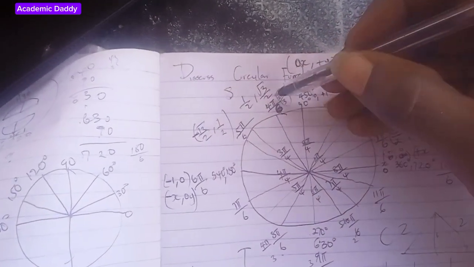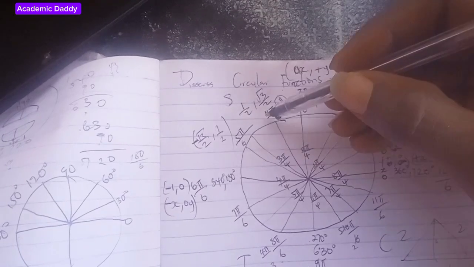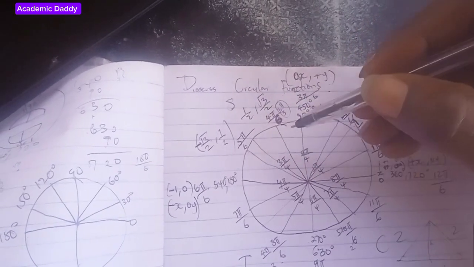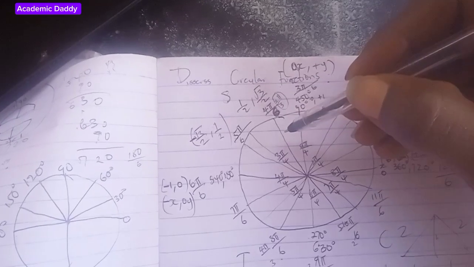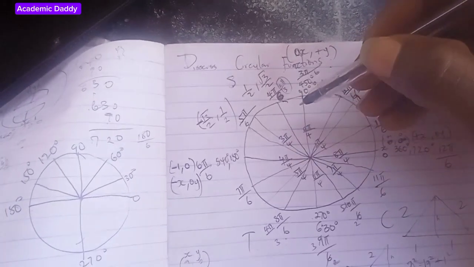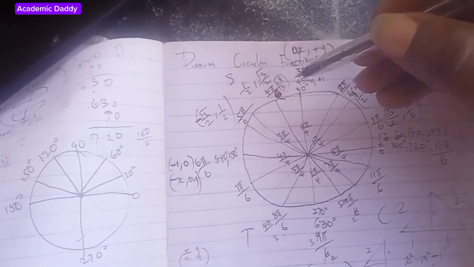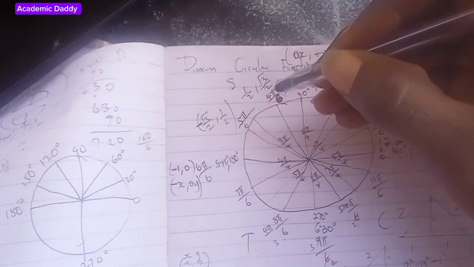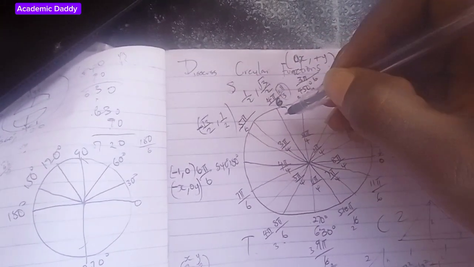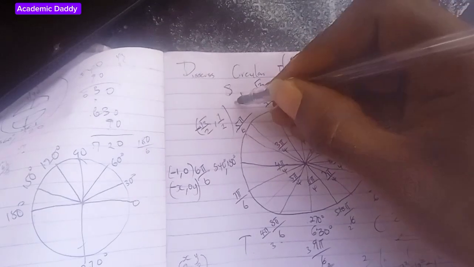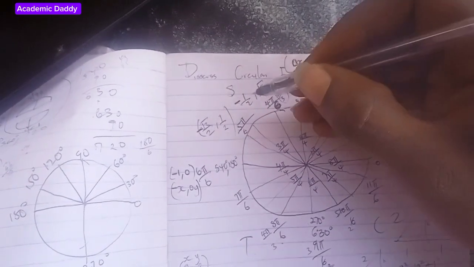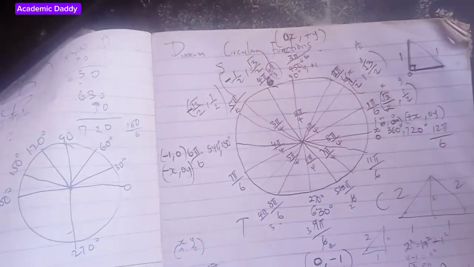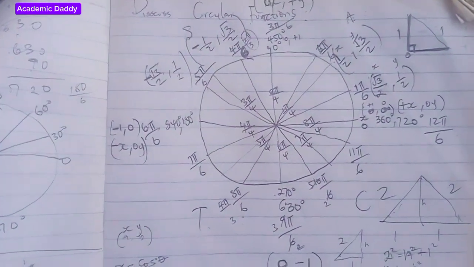So you see that sine 60, which is the same thing as sine 120 degrees, is going to be root 3 over 2, still positive. But cos 60, which is the same thing as cos 120 in the second quadrant, will be negative, because cos is negative in the second quadrant. So this is why you normally see all those things this way.